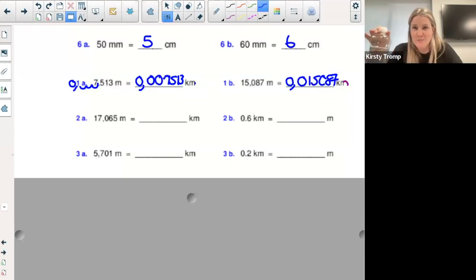It's a lot of decimals, I know. Got about 30 seconds left.